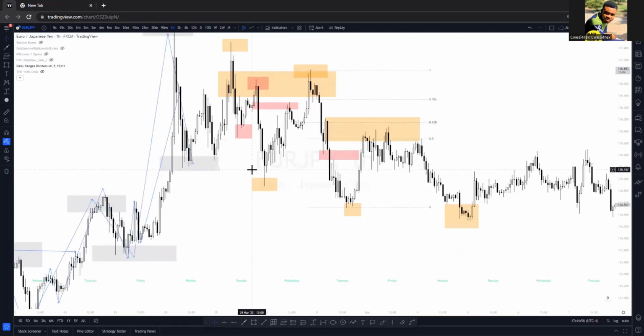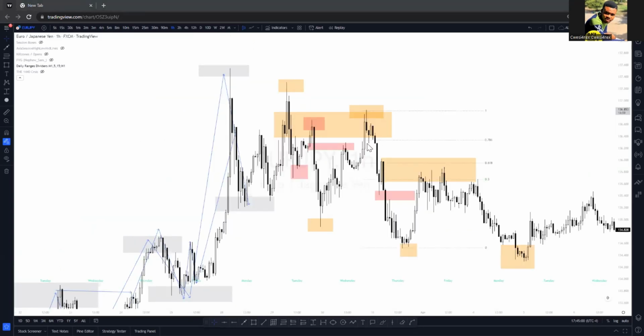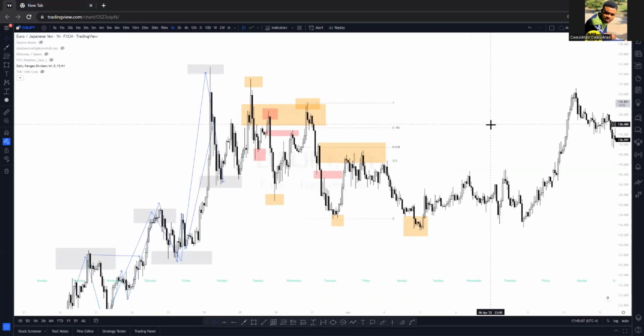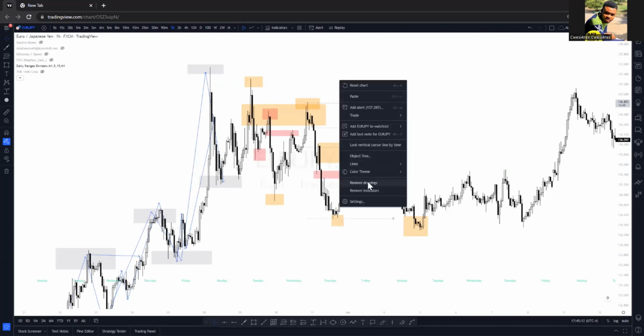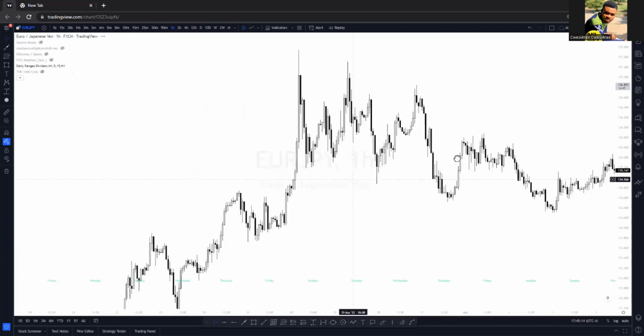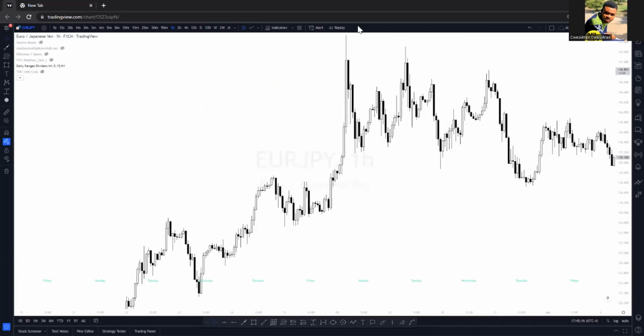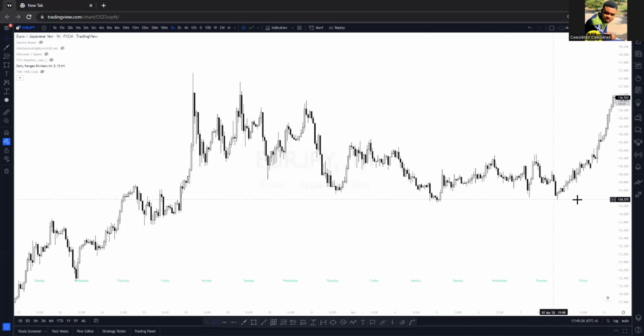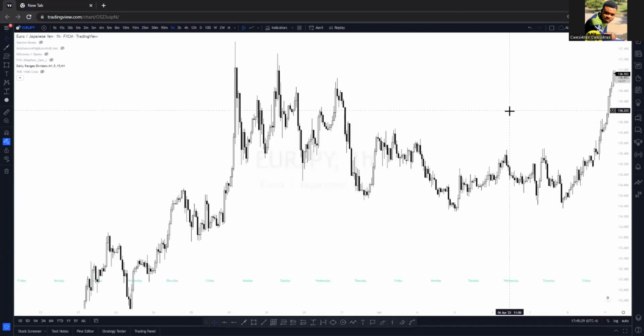So basically, we have covered the market structure and we have covered how to identify point of interest also in the market, right? We have done all that right now. So when we are back, we'll dive into the advanced algo market structure. We'll dive into the algo structure, right?